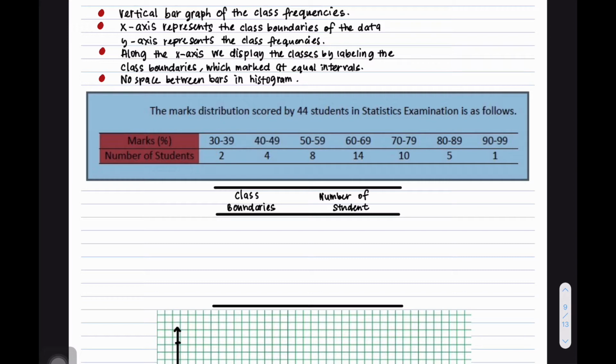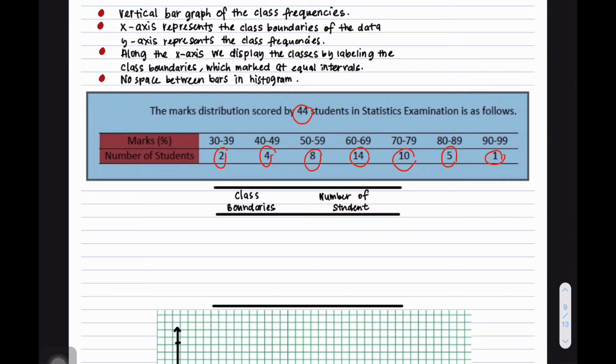And you have been given the frequency of each class. So 2 plus 4 is 6, plus 8 is 14, plus 14 is 28, plus 10 is 38, plus 5 is 43, plus 1 is 44. So we have the total number of 44 students.